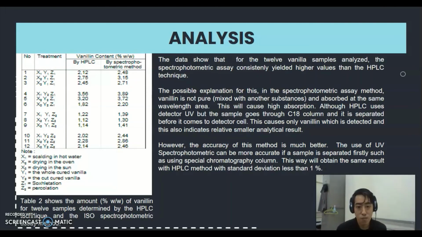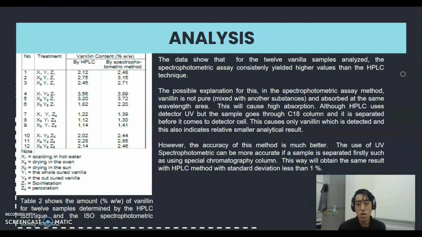A possible explanation for this is that when using the spectrophotometric assay method, there is a chance that the vanillin might not be pure and is mixed with other unknown substances. This causes it to absorb at the same wavelength area, which will lead to higher absorption.